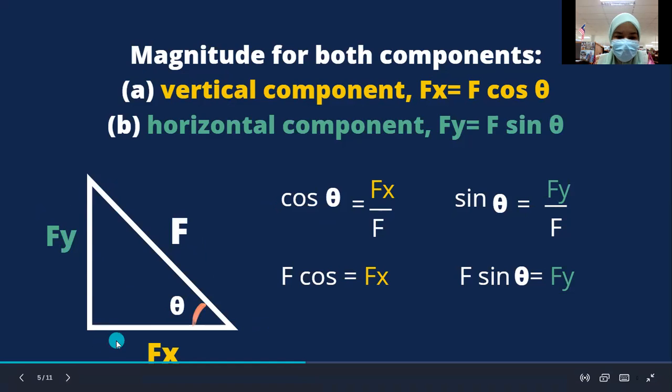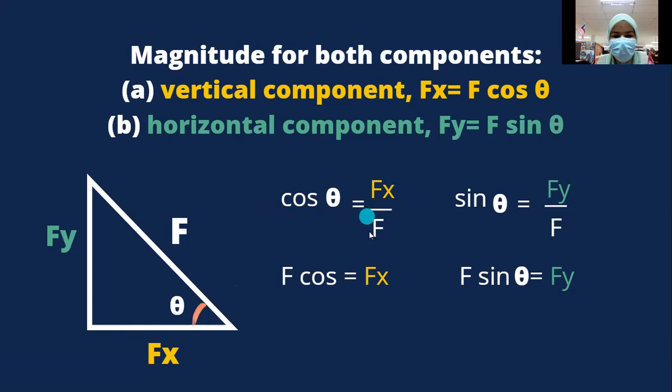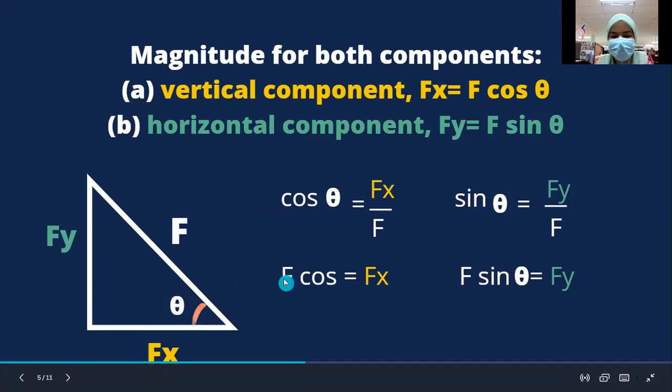When we have a right angle triangle here, this is a 90 degree angle, so you can find the Fy and Fx components. Cos theta is Fx over F, so you will find F cos theta is equal to Fx.